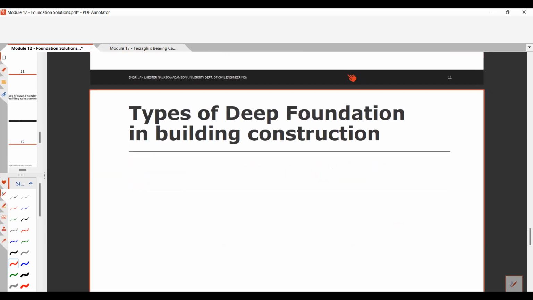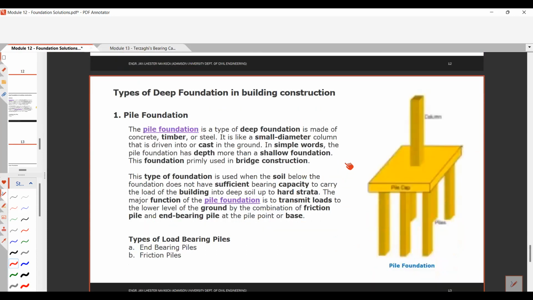So there are two commonly known types of deep foundation in building construction. Number one is the pile foundation. Okay, the pile foundation is a type of deep foundation, and it is made of concrete. Okay, sometimes they use timber or steel.